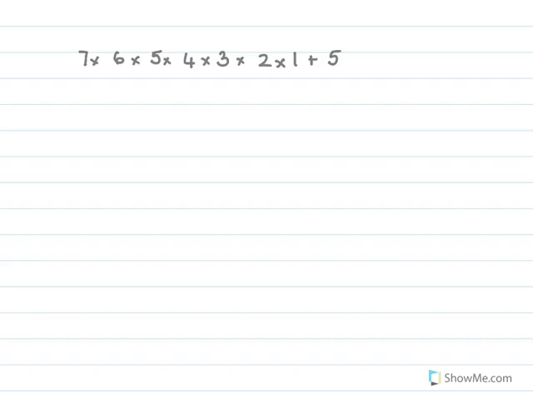Let's get on to this next sum. So you remember that the plus is here. So I'm going to take 5 common out. When I take 5 common out, what remains inside is 7 into 6 into 4 into 3 into 2 into 1 plus 1.